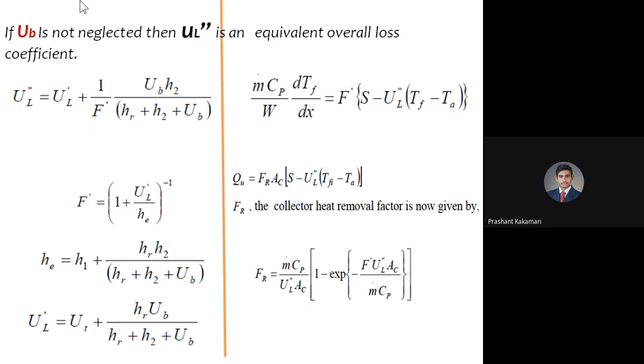So effectively, if you consider the bottom losses, that is written as 1 by F dash, the collector efficiency factor, 1 by F dash into UV into H2. Bottom loss is taking place from the bottom surface of the bottom plate, so UV into H2 is considered here, divided by how the heat transfer is taking place. It is taking place by convection as well as radiation. So the radiation effective heat transfer is taken here as HR.